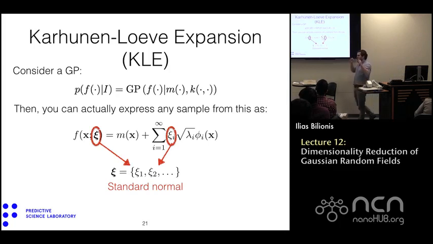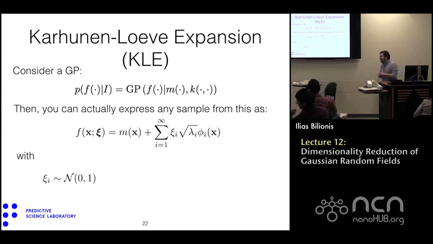Now, for a Gaussian process, if the field itself is Gaussian, then the Karhunen-Loève theorem says that these coefficients are going to be Gaussian. They're going to be actually standard normal, and independent. Okay, this is what the theorem says. If you don't have a Gaussian random field, then they can be dependent, they can be whatever actually. But for a Gaussian random field, they have to be independent.